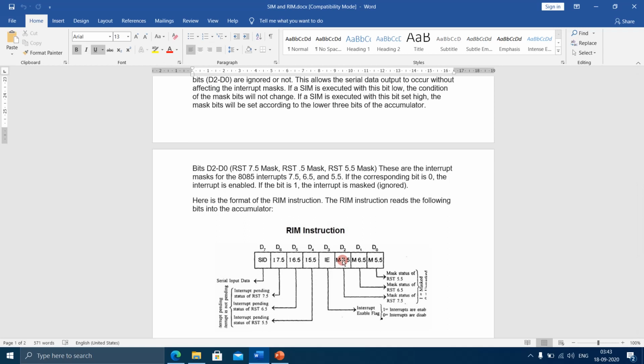Same goes with this also. If this is 0, that means these interrupts are enabled. If this is 1, these bits are ignored. And we know that even if RST 7.5 is ignored, then also this will be shown as pending. To reset it, to make it 0, the programmer can use a SIM instruction.